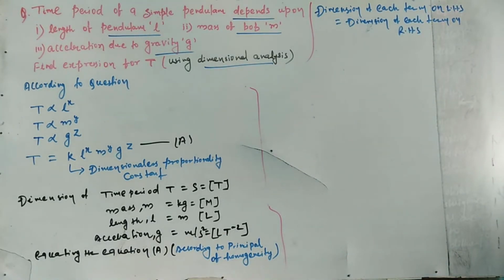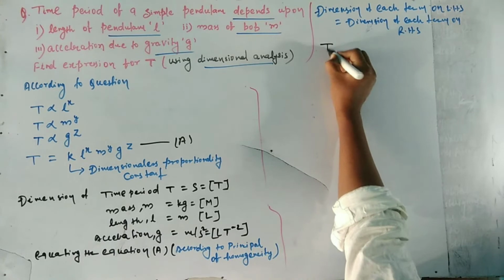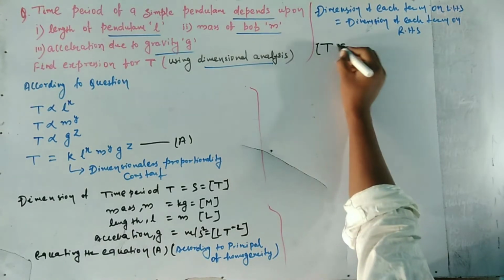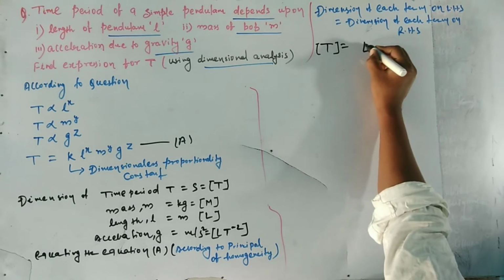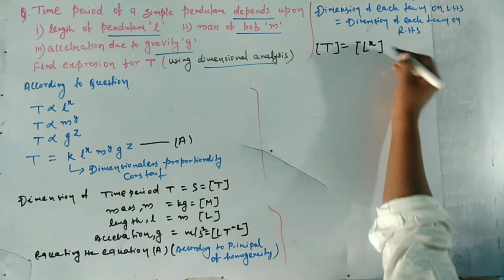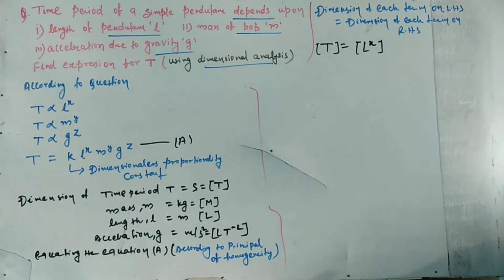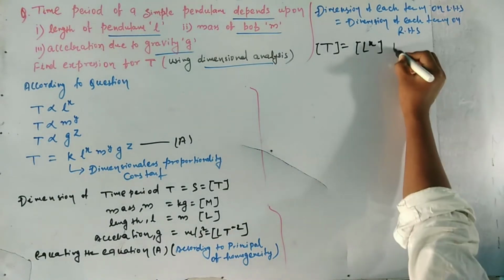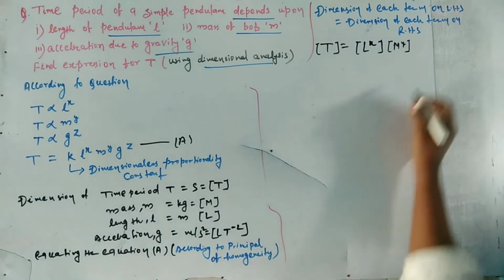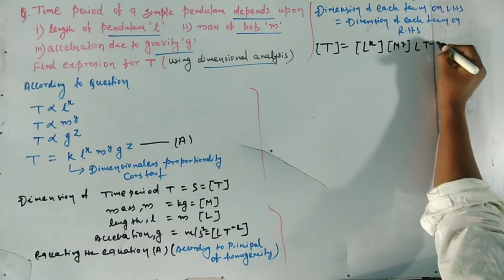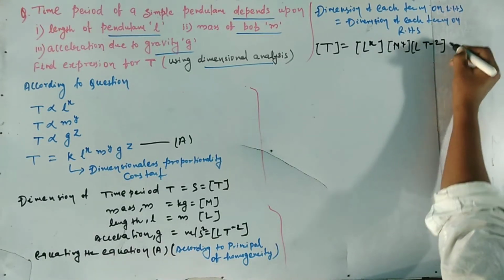Now we will see the dimension of each term on the LHS. The LHS dimension is time period, so on the LHS the dimension will be T, and T is equal to the dimension on the RHS, which will be L to the power x into M to the power y into L T to the power minus 2, whole to the power z.